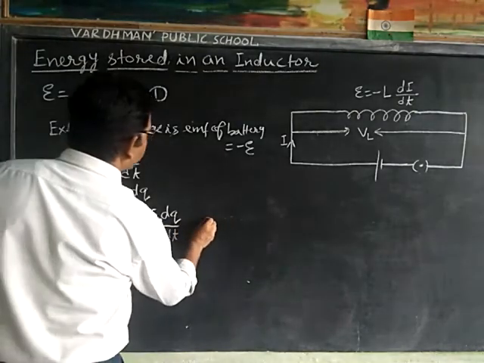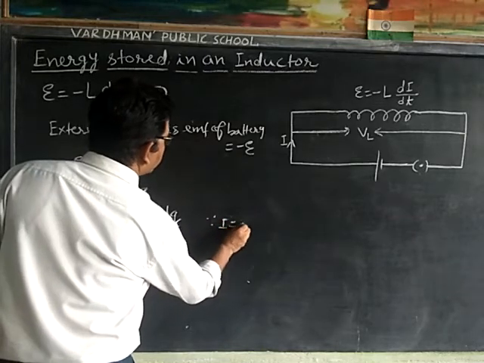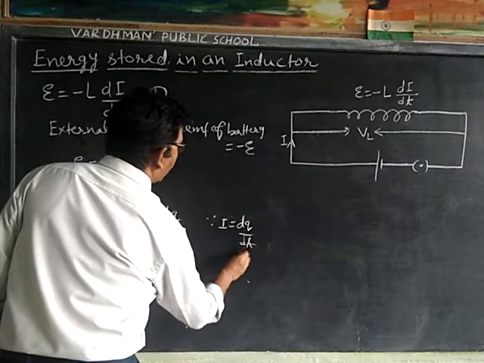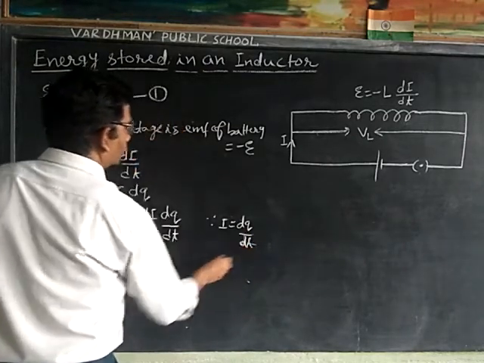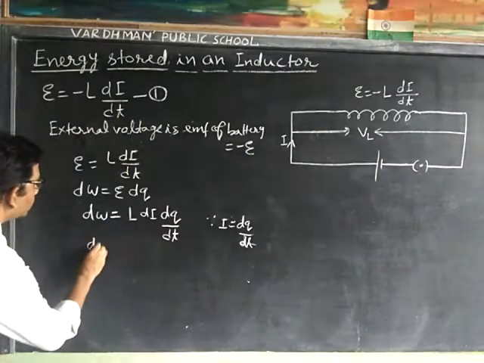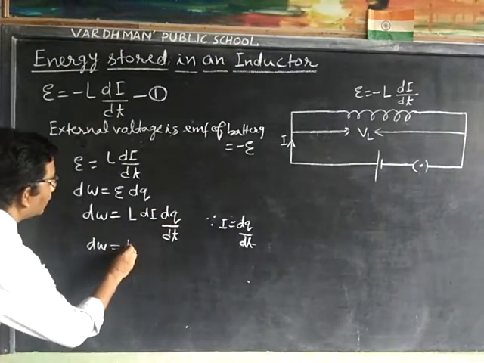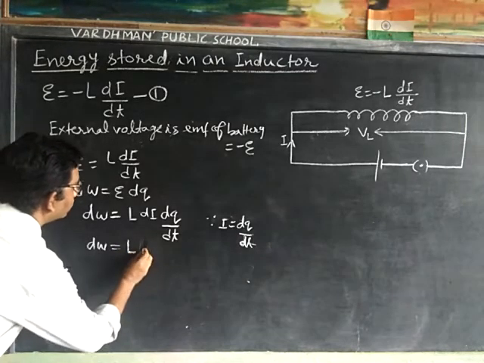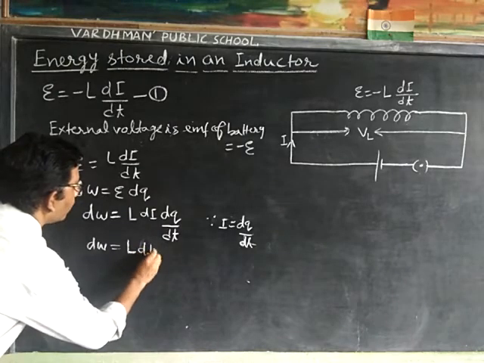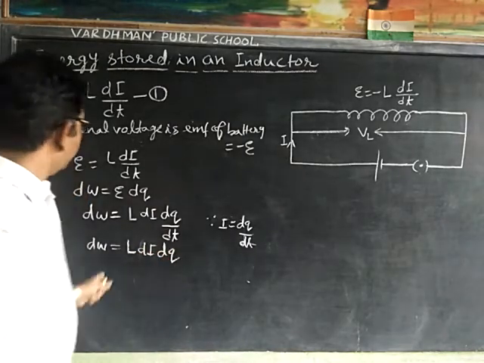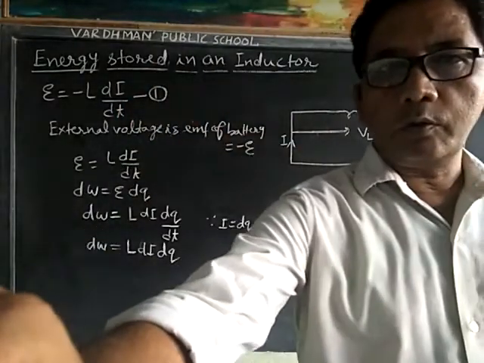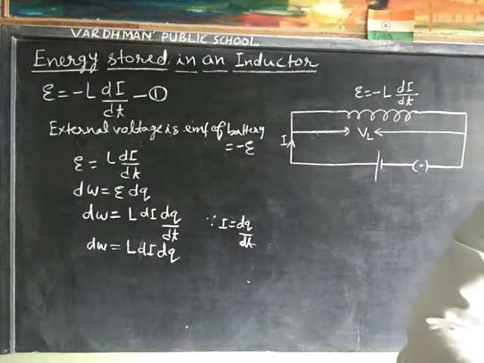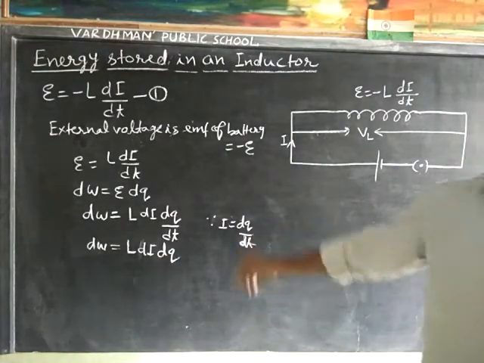Now we know I is equal to dq upon dt. Therefore, dw is equal to L di dq upon dt, and dq upon dt is I.